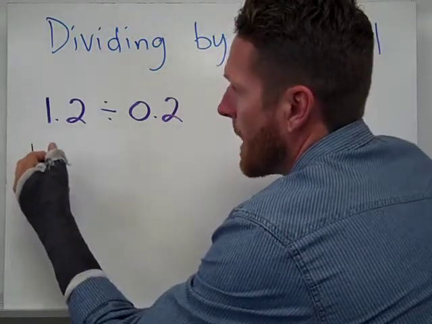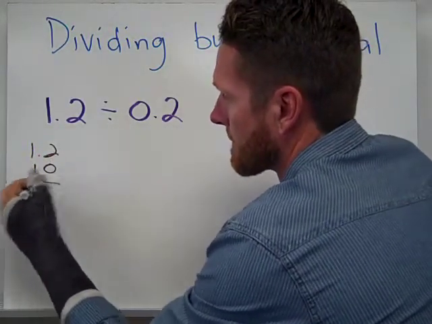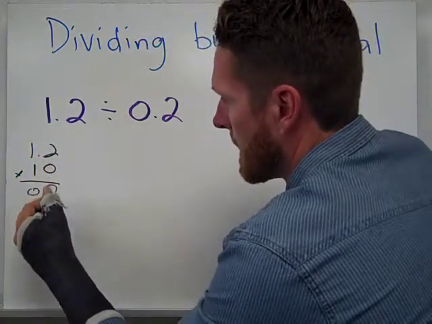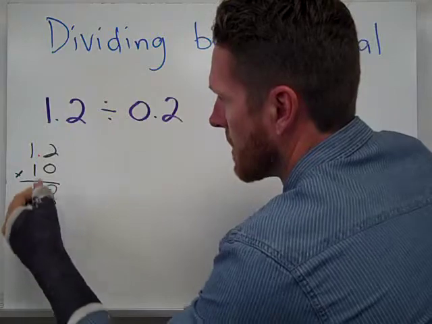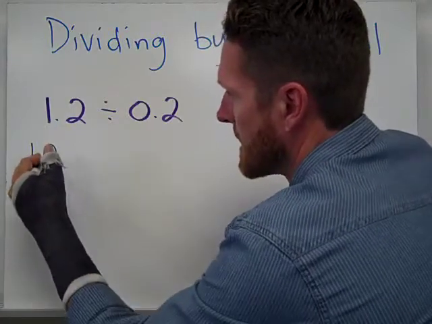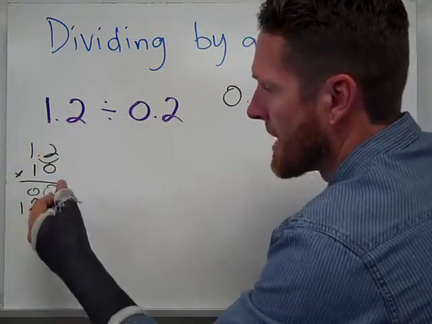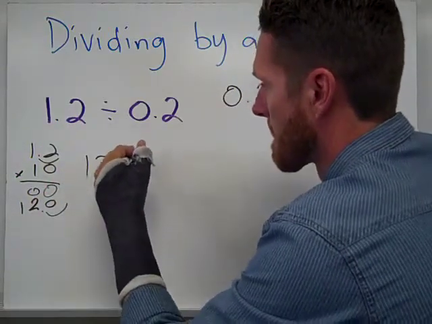So what we're going to do is 1.2 times 10. The decimal point goes out, one in, so 1.2 multiplied by 10 becomes 12.